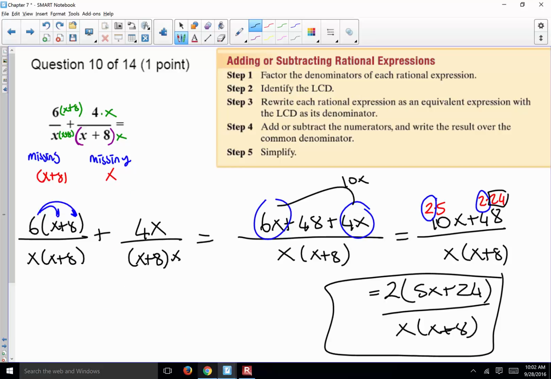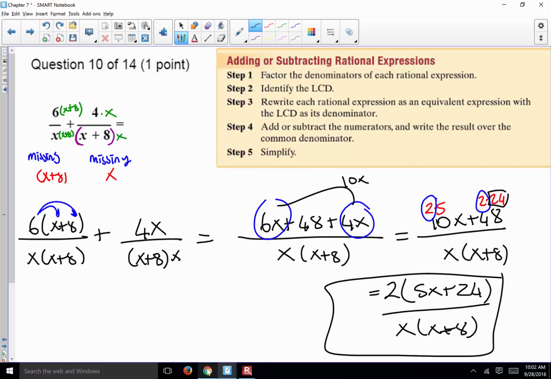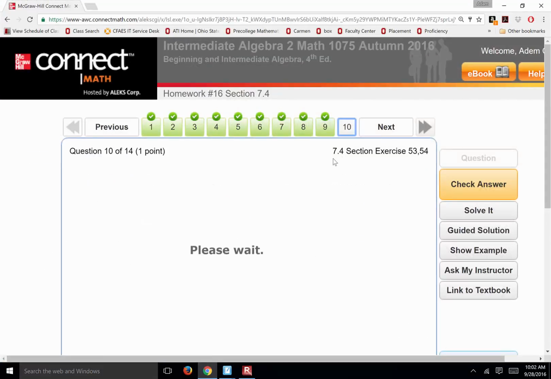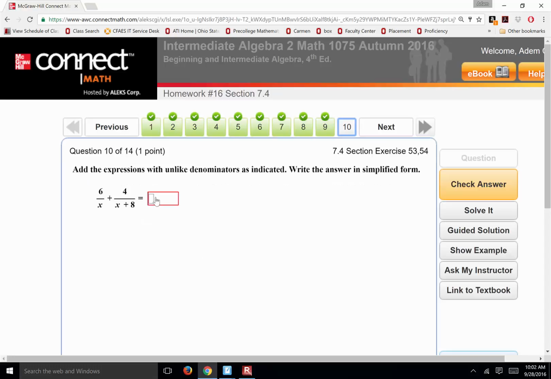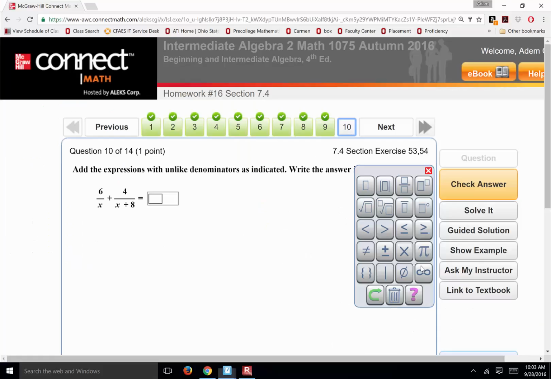But can you type in 10x plus 48? I don't think so. I think it's not going to like the 10x version. You need to factor, but let's try. So if you type in this one, it's going to say incorrect. You need to go with the bottom. But let's try. 10x plus 48 divided by x plus 4.